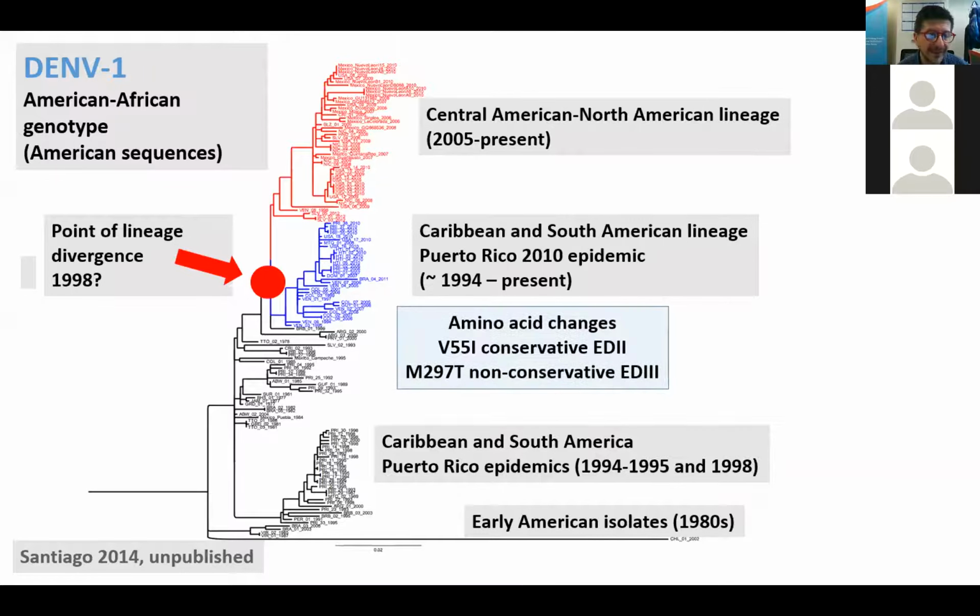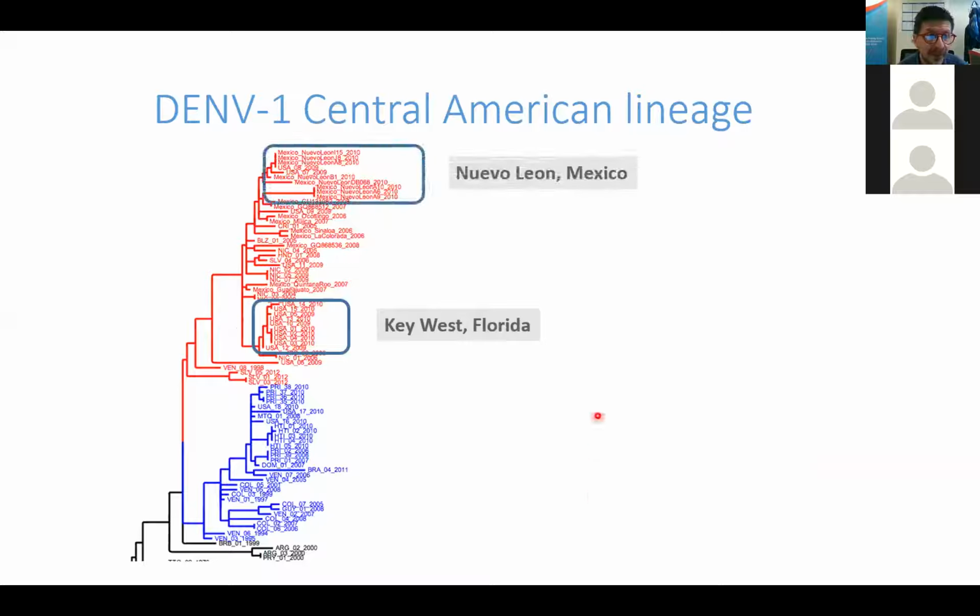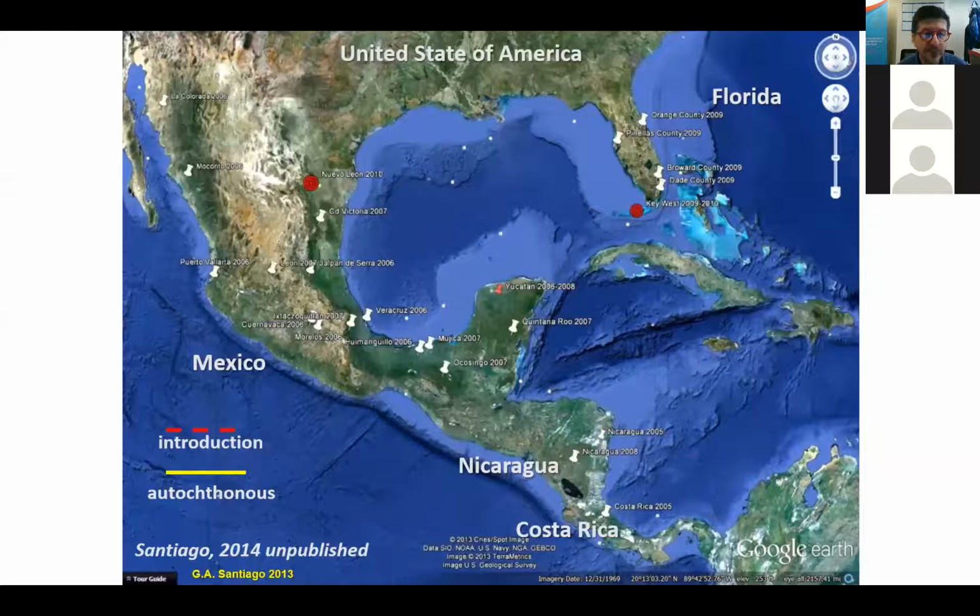But here, however, we were able to observe the origin of the viruses and determine that despite the fact that these viruses are shared in Mexico as well as in the United States, these are the Nuevo León viruses in Mexico, and these are the ones from Florida.